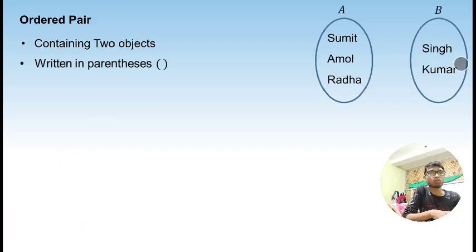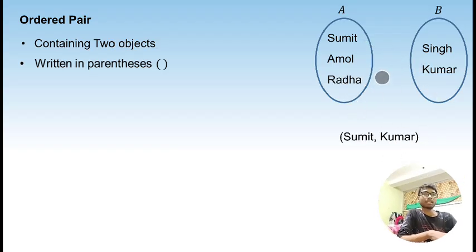Here you can see we have two sets, A and B. In A we have three members: Sumit, Amol, Aral. In B we have two objects: first is Singh, second is Kumar. Here we can say Sumit, Kumar. We write it as Sumit, Kumar, and we apply the parentheses.